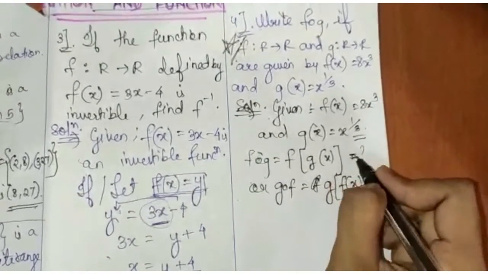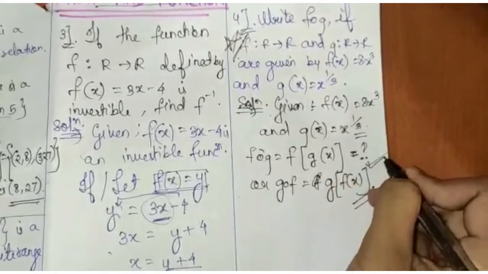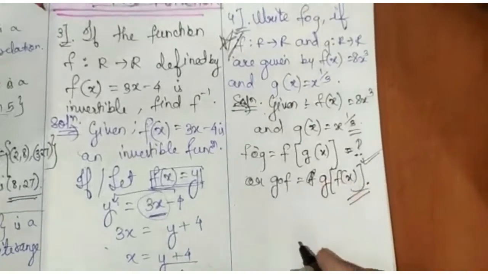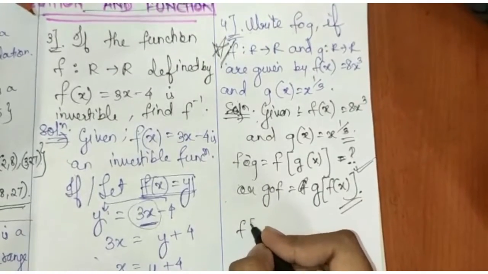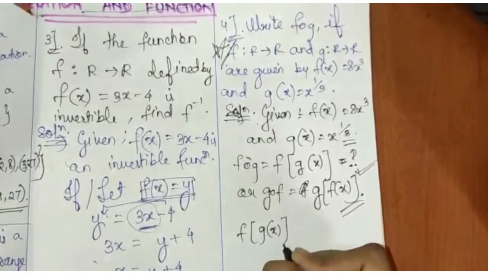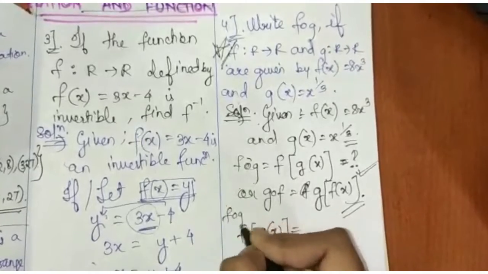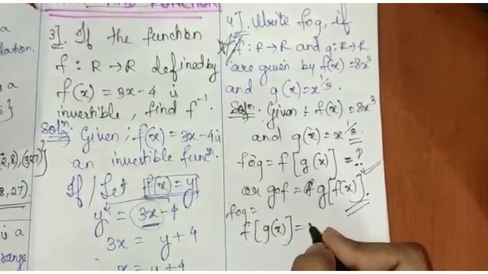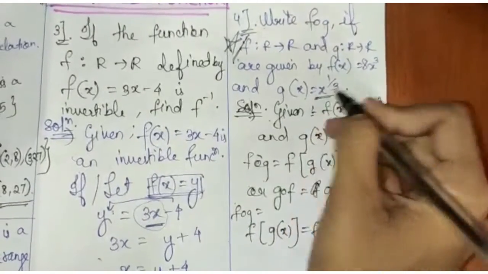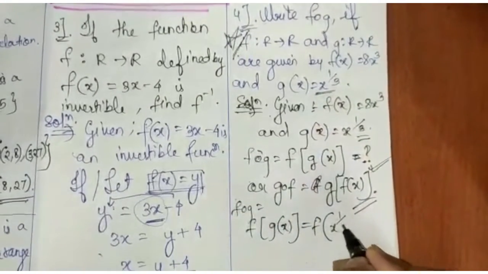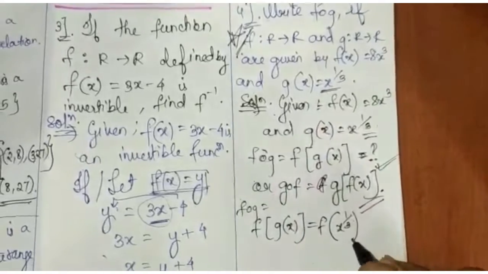Now this question they have told you to find this. So we will focus on this. So f of g of x is equal to f of, what is your g of x given? x raised to 1/3.